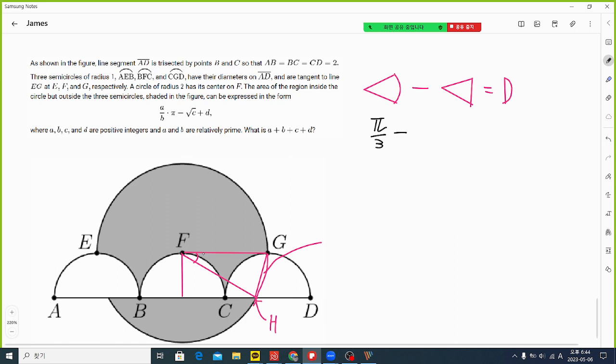And the area of the triangle is half times sine 30 degrees, 1 over 2. No, this is 2.